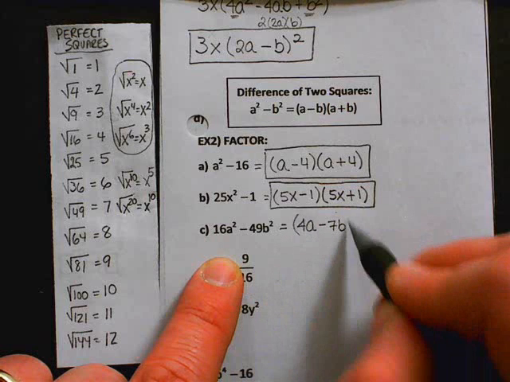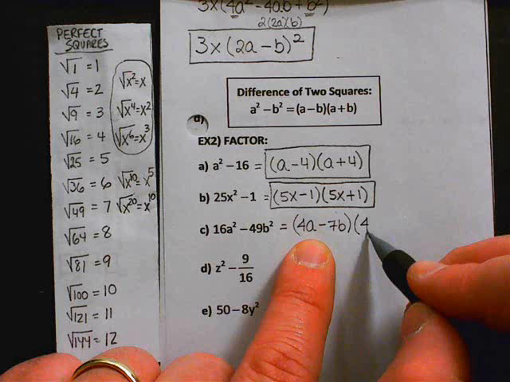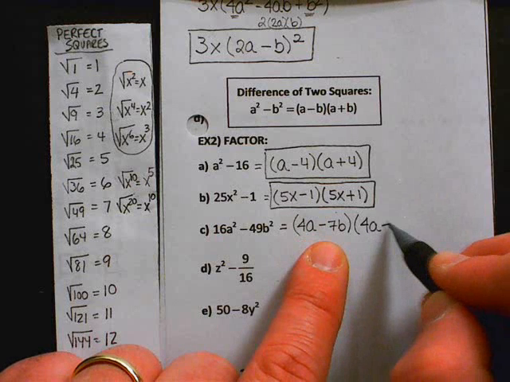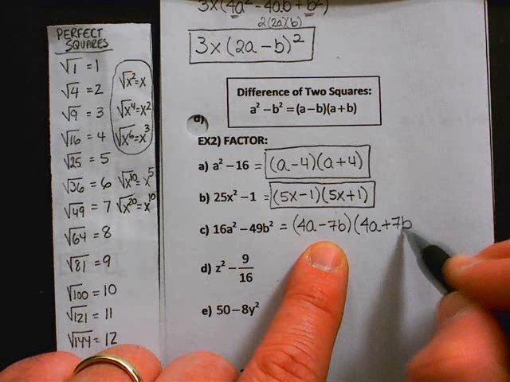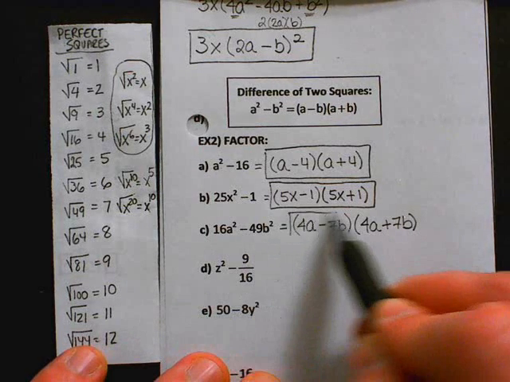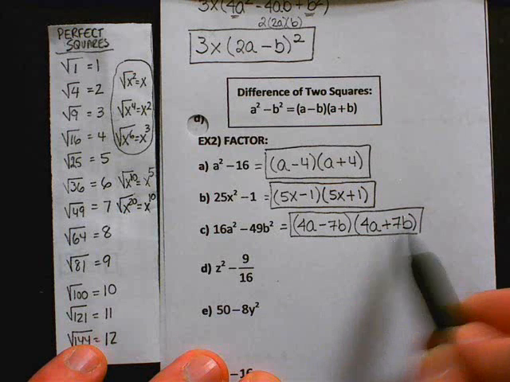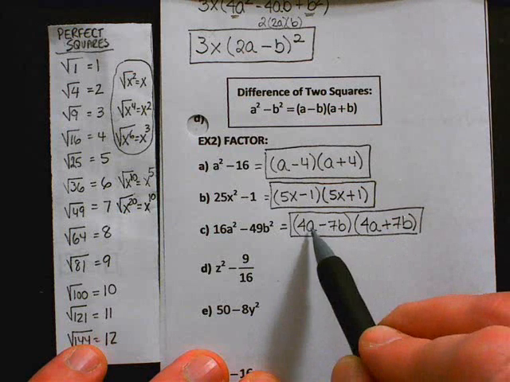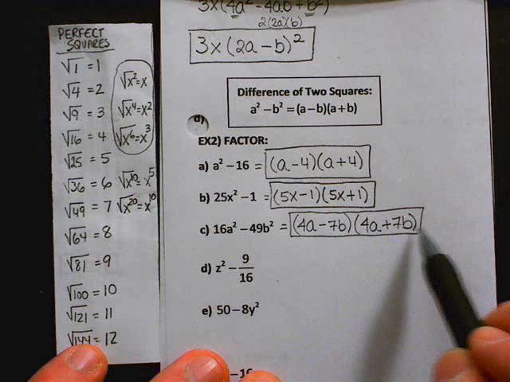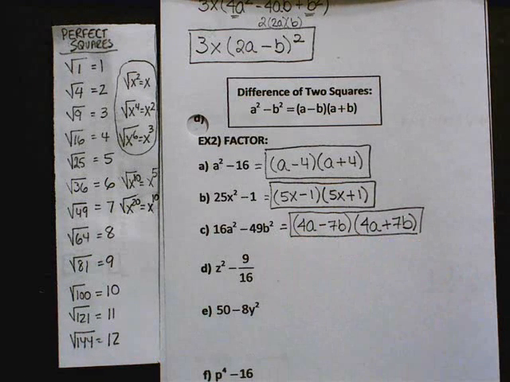Alright, then copy the second parenthesis, basically the same numbers, but instead of a minus, I put a positive. Oftentimes students ask me, does it matter if I write 4a plus 7b in the front and then 4a minus 7b on the back? No, it does not matter. So if you flip these are still good. Okay.